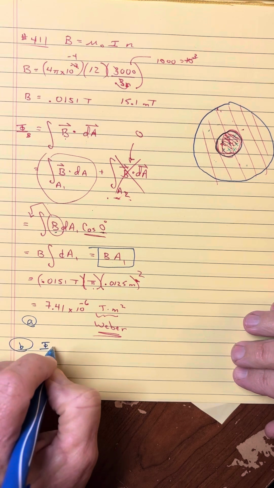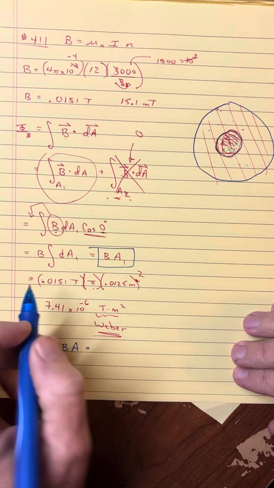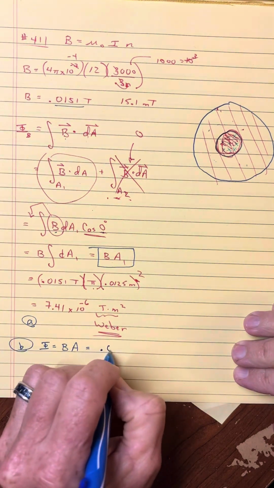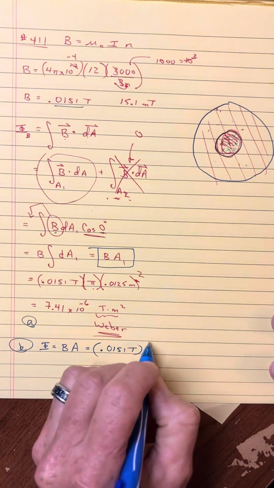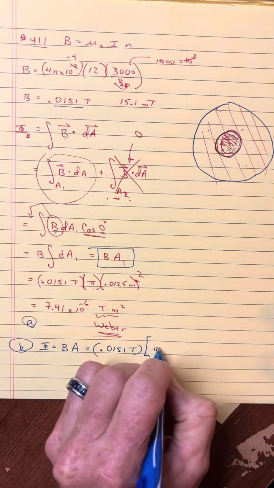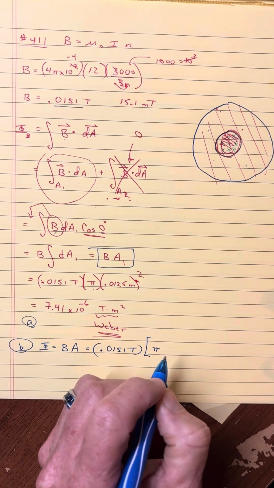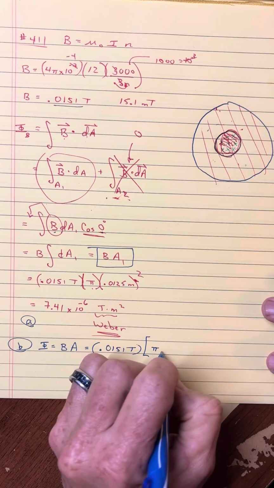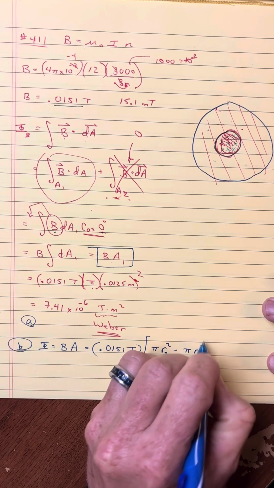The flux is B times the area. And then B we did earlier on as 0.0151 Tesla. And the area would be pi, and I'll call it the bigger radius, R2 squared minus the smaller radius.